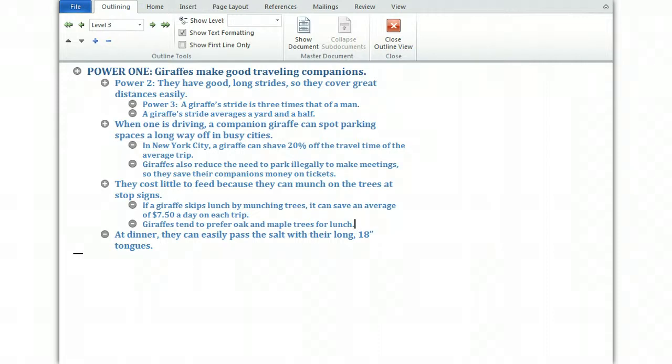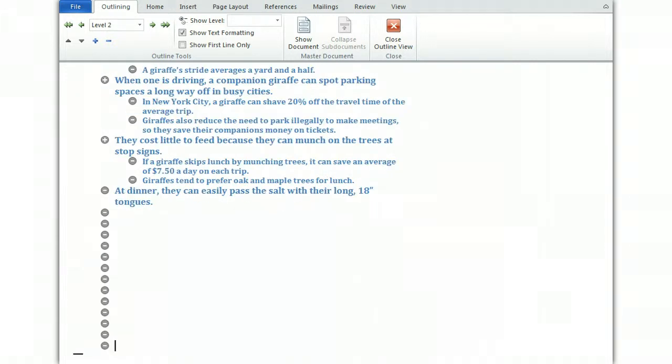And we would do the same thing again by hitting enter and then, whoops, and then tab.